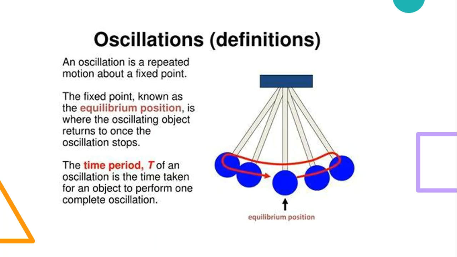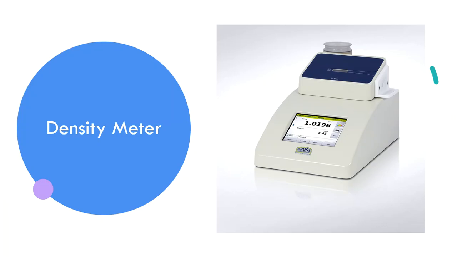The density meter is looking at the pendulum swings, maybe, of that U-tube, if that's how you want to think of it, and it's correlating that to a density value based on internal memory standards and calibration.